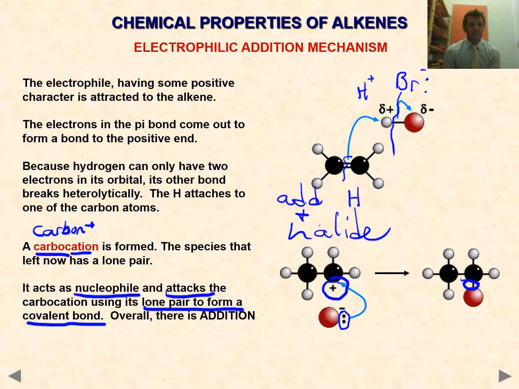So you can see it acts as a nucleophile and attacks the carbocation using its lone pair to form a covalent bond. So what we've done is we've split up this double bond, and we've added a hydrogen and whatever the halide is. In this case, it looks like a bromine. So we add a hydrogen, and I'm going to just write halide.